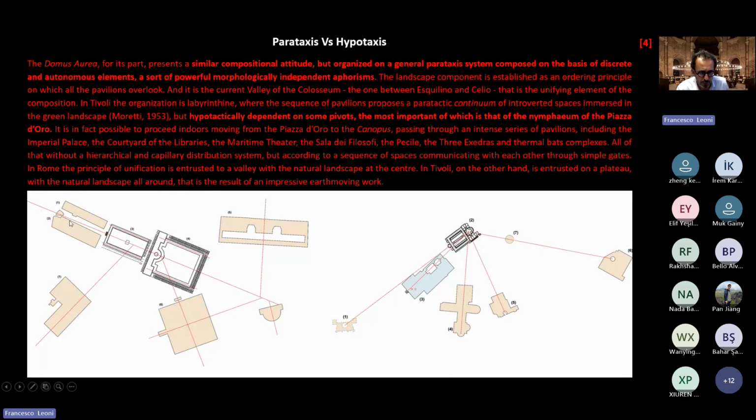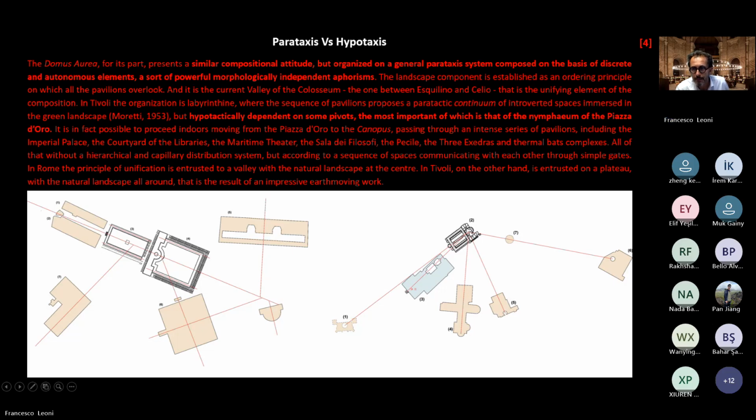We are talking about Domus Aurea. In Tivoli, instead, the organization is labyrinthine, where the sequence of pavilions proposes a paratactic continuum of introverted spaces immersed in the green landscape, but hypotactically dependent on some pivots, on some joints, the most important of which is that of the Nymphaeum of Piazza d'Oro, the one I told you.